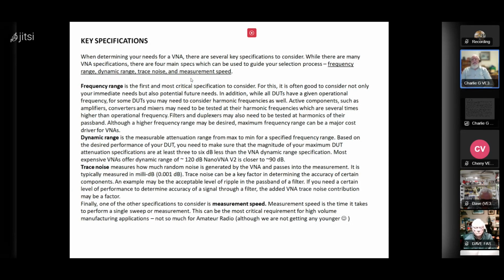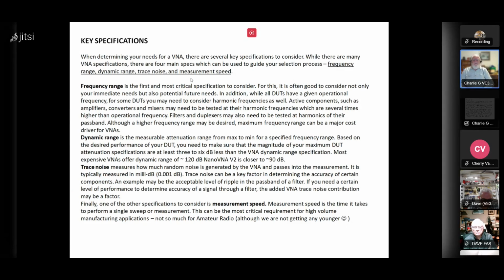But in reality, if your circuit has any nonlinearity in it, and you're concerned about measuring what's going on at harmonics, you may need something that's not just 7 meg, but 14 for the second harmonic, or 21 for the third, and so on and so on.